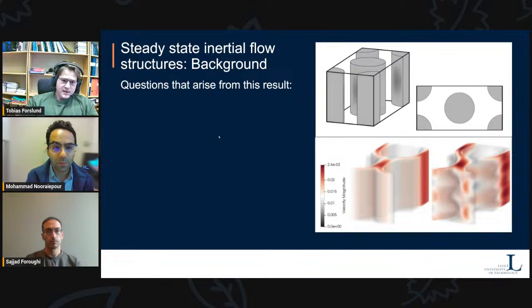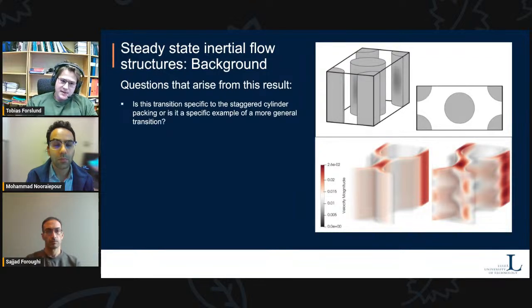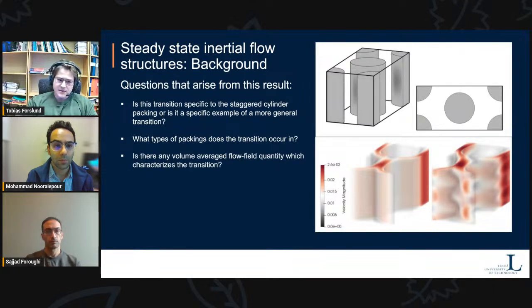So the question that arises from this is, of course, is this transition specific to the staggered cylinder packing, or is it a specific example of a more general transition? What types of packing does this transition occur in? Or is there any volume average flow field quantity that characterizes this transition?